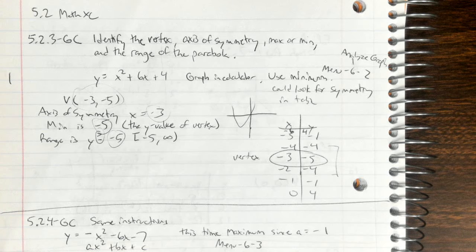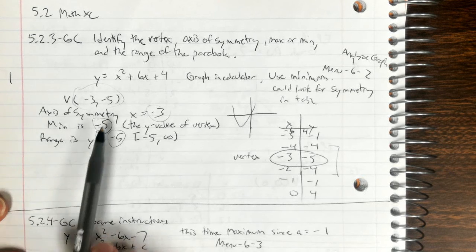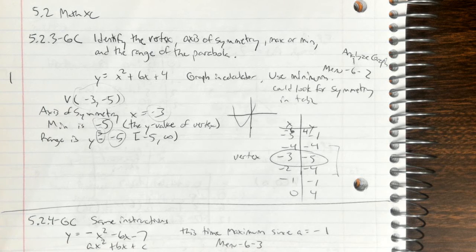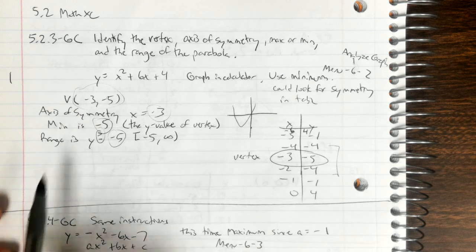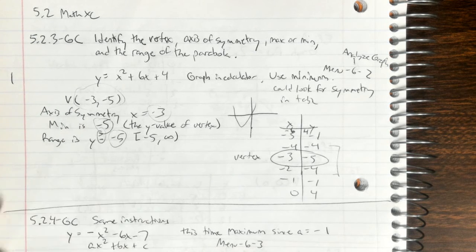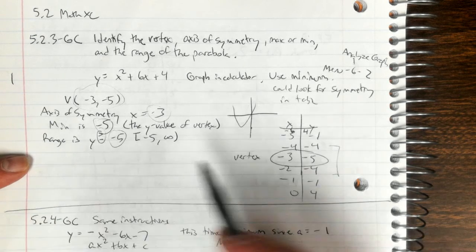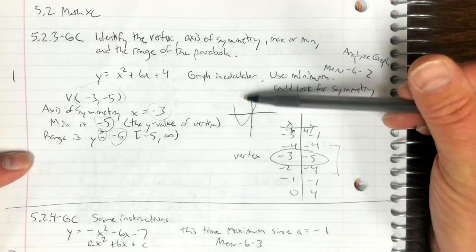The minimum or maximum, whichever is appropriate, is the same as the vertex. The axis of symmetry is always x equals whatever the x number is. And the minimum would be the y value of the vertex. For the range, it's from this point up.